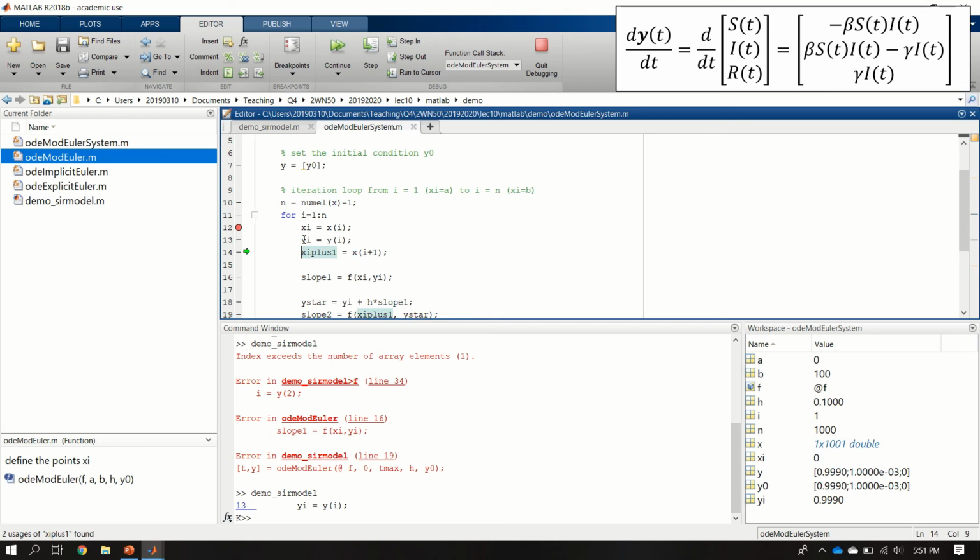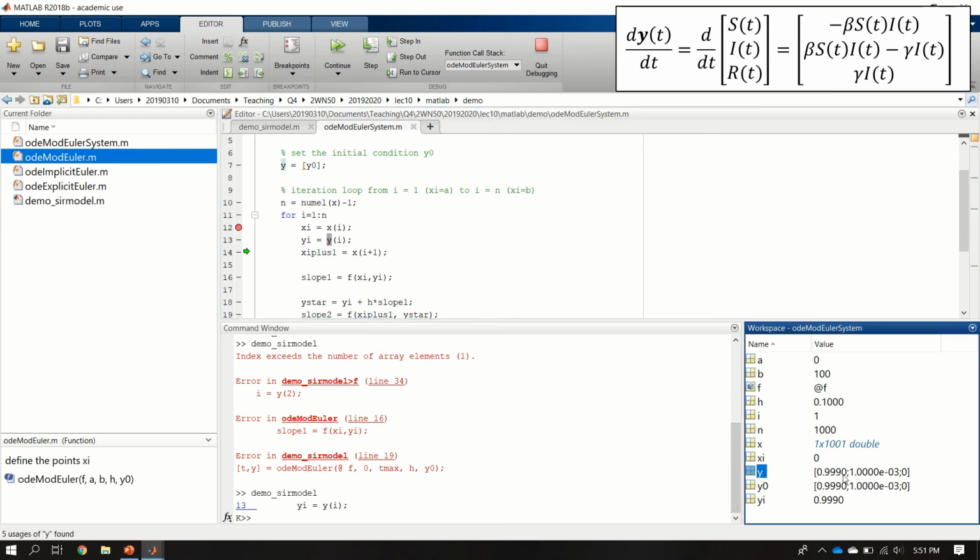And here we have our y, which is indeed a vector, which holds the amount of susceptibles, the amount of infected, and the amount of recovered people. But this yi will only take one value out of here. That's not really what we want, because after we do some time stepping, this y will not be a vector only of time, but it will be a three-dimensional vector and also have a time dimension.